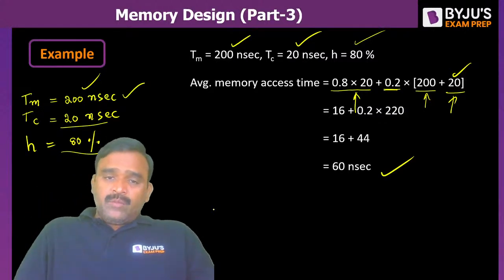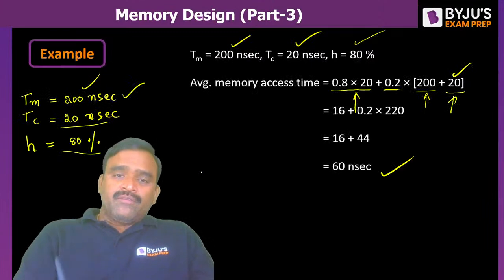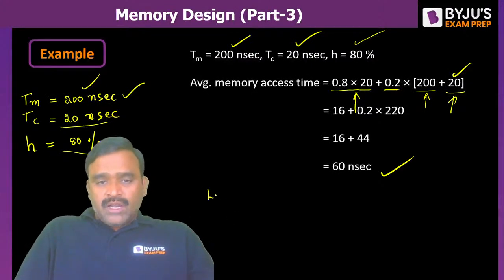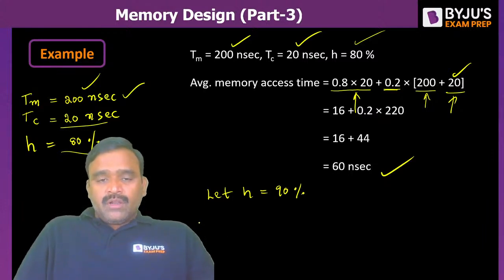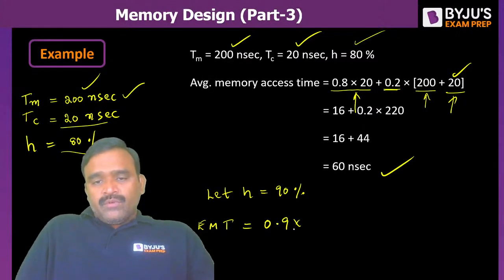For example, let us suppose H is equal to 90%. So 90% means 90% of the time you are getting the data from the cache only. So effective memory access time is equal to 90% of the time we take only 20 nanoseconds. For the remaining time we have to go to main memory of 200 nanoseconds, and again the same thing should be made available.